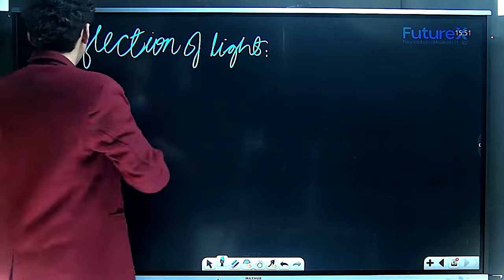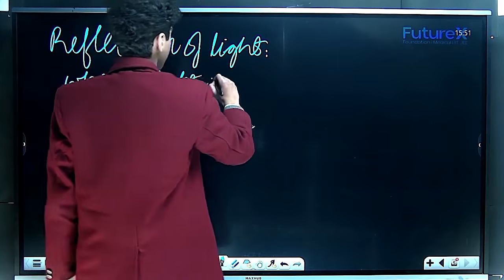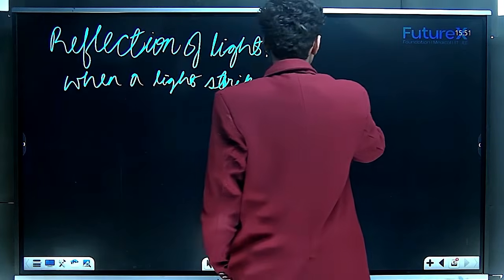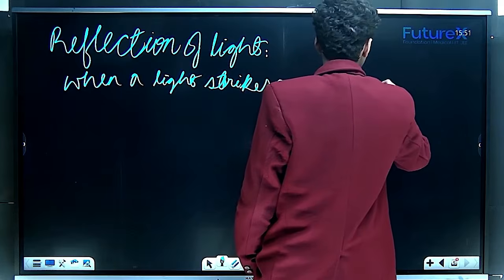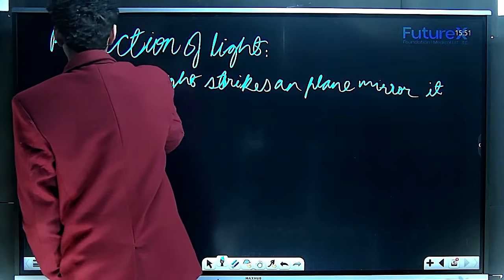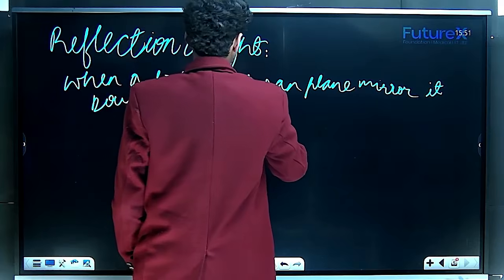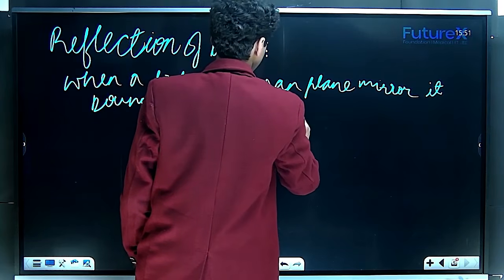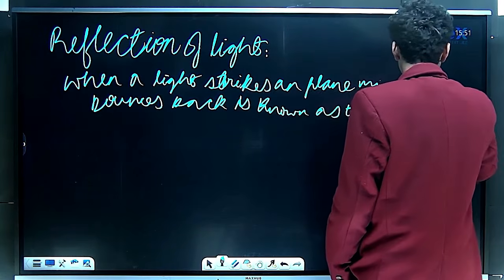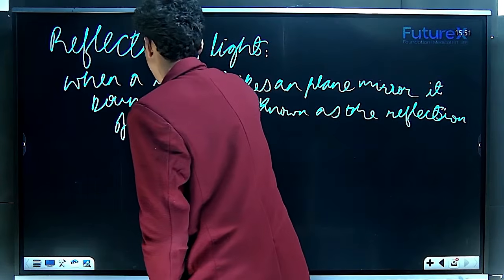Reflection of light: when a light ray strikes an object or plane mirror, it bounces back, and this is known as the reflection of light.